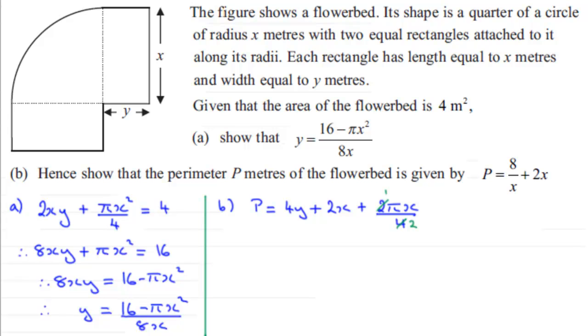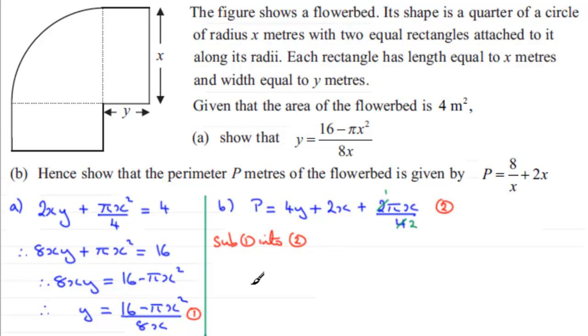Okay, now what we've got to show has not got any y's in, so we need to make a substitution for y, and we've got that from here. If I call this equation 1, then I can just say sub 1 into the equation that we've got here. Let's just call this 2. Sub 1 into equation 2.